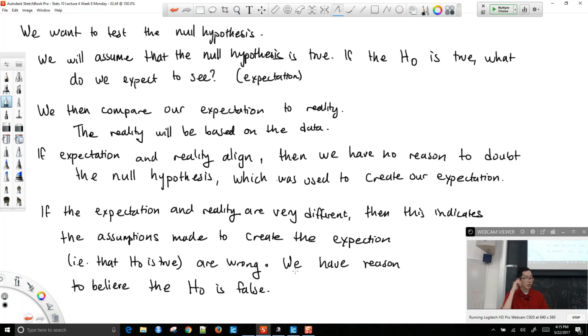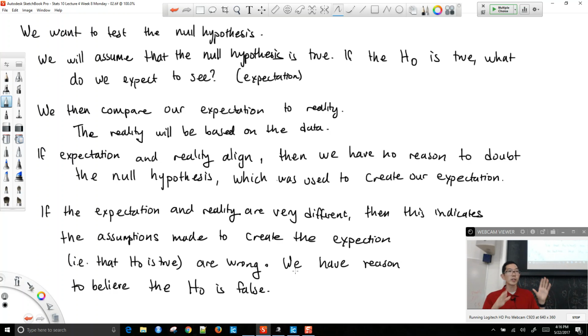Okay, so we say we're going to assume the null hypothesis is true. If it's true, what do we expect to see? This is our picture of the expectation. We compare that to the reality. If they're very different, that gives us reason to believe that the assumptions we used to make this expectation were wrong.